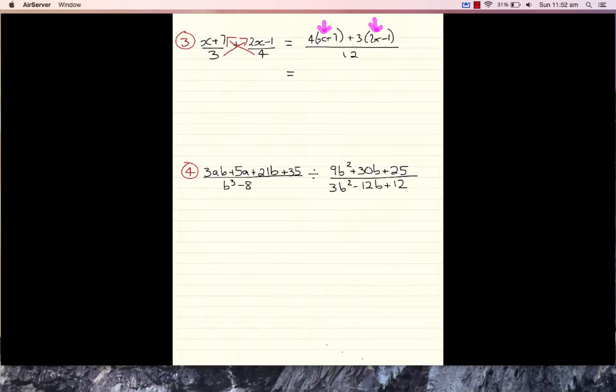Then it's just a matter of neatening this up. So it expands to 4x plus 28 plus 6x minus 3, which when you collect together your like terms, you should end up with 10x plus 25 all over 12.